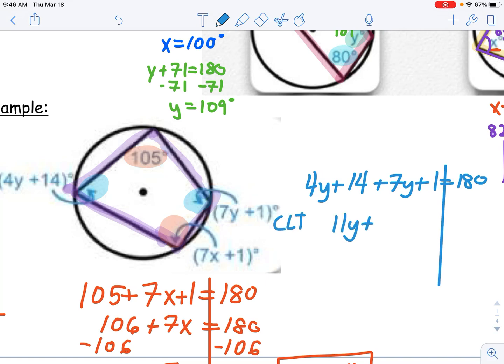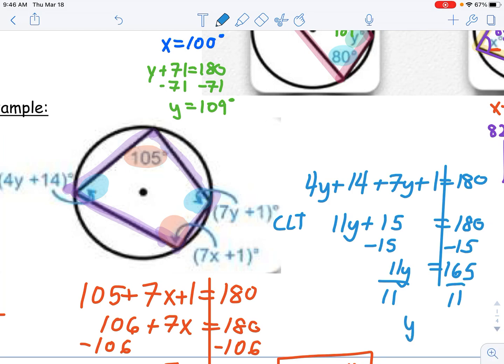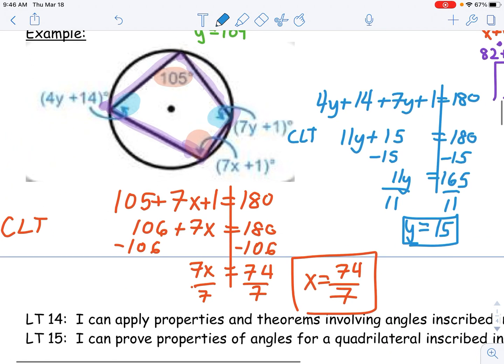So 11y plus 15 equals 180. A bunch of math happens, and we get 165 divided by 11, which I believe I know the answer, but let me just double check. Yep, y equals 15. So that's how you do that problem right there.